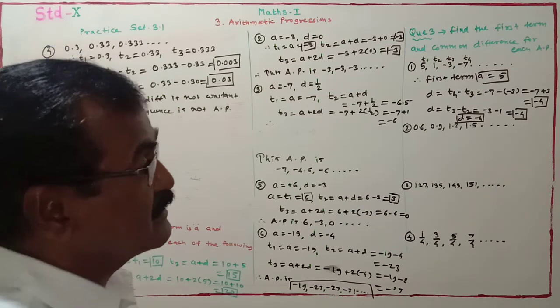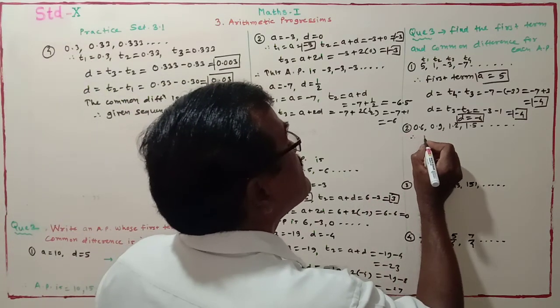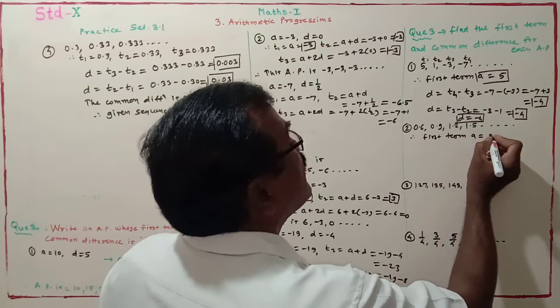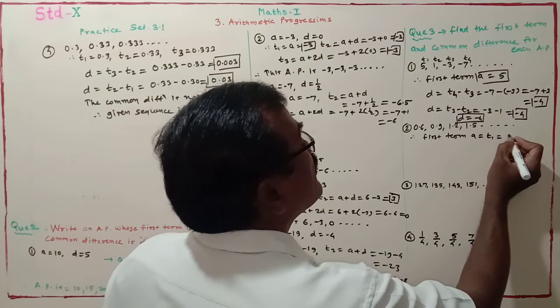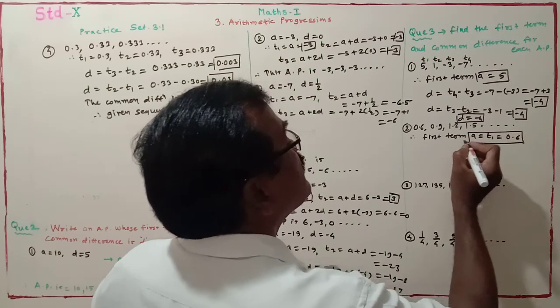In the next AP, A is given 0.6, means first term A is equal to T1 is equal to 0.6.